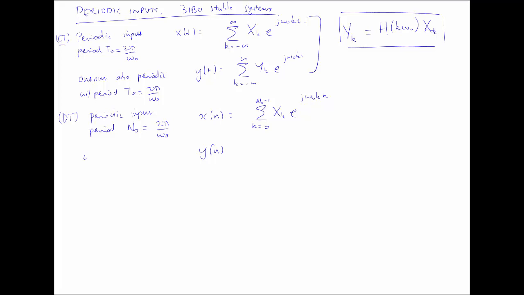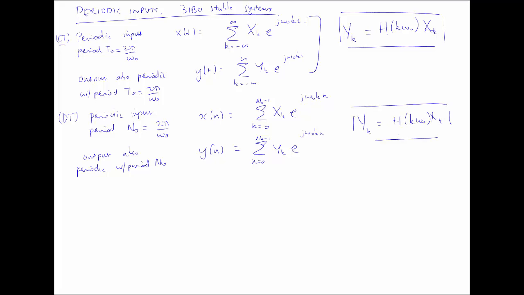Turns out the output is also periodic, and it also has a Fourier series expansion, and these are related by exactly the same formula, okay, where this is the frequency response in both cases, but one is, for example, the continuous time Fourier transform of the impulse response, and here I have the discrete time Fourier transform of the impulse response. Okay, so this is the situation for periodic signals.